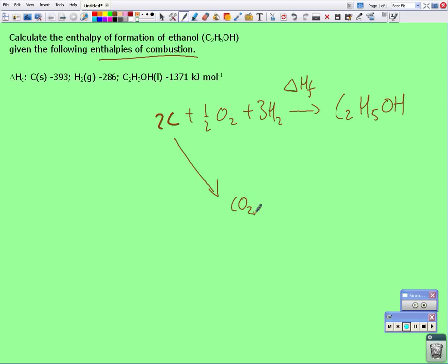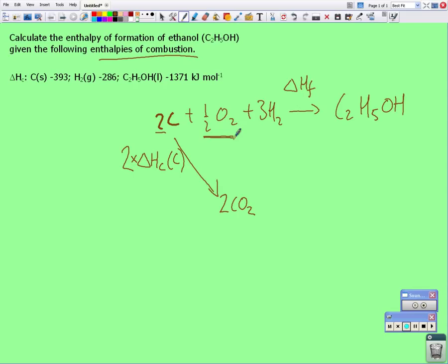And if we burn 2 moles of carbon, we get 2 moles of carbon dioxide. So that enthalpy change is the enthalpy change of combustion of carbon, but there's 2 of them. We don't burn oxygen because burning is a reaction with oxygen in itself, so we're not going to include that.